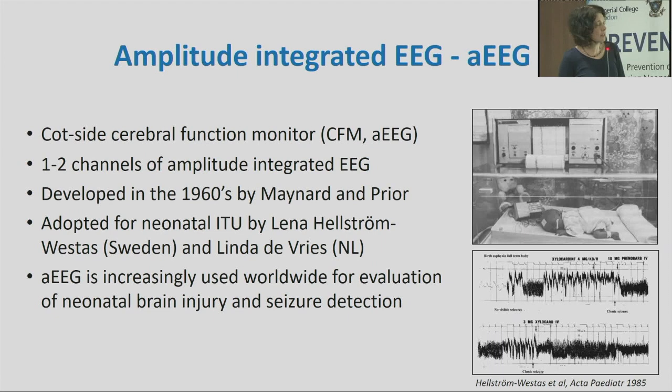Actually, aEEG is not used much in adult intensive care anymore, or maybe it's coming up again a bit. But Linda de Vries and Lena Westers-Hellström have picked up the aEEG as a tool to use on the neonatal unit. And it's increasingly used worldwide to monitor brain function.